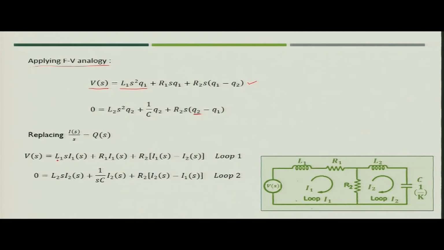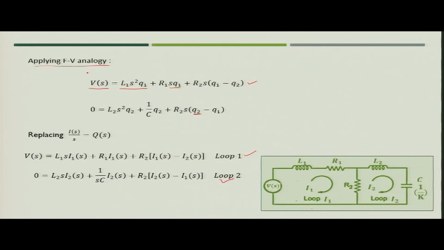Then R1 S Q1 will be converted into R1 I1, then R2 as you take inside, it will be (I1 minus I2). So, you get the first loop for the mesh. Similarly, for the second you have 0 equal to L2 S I2 plus 1 upon S C I2 plus R2 into (I2 minus I1). So, now you have two loop equations.